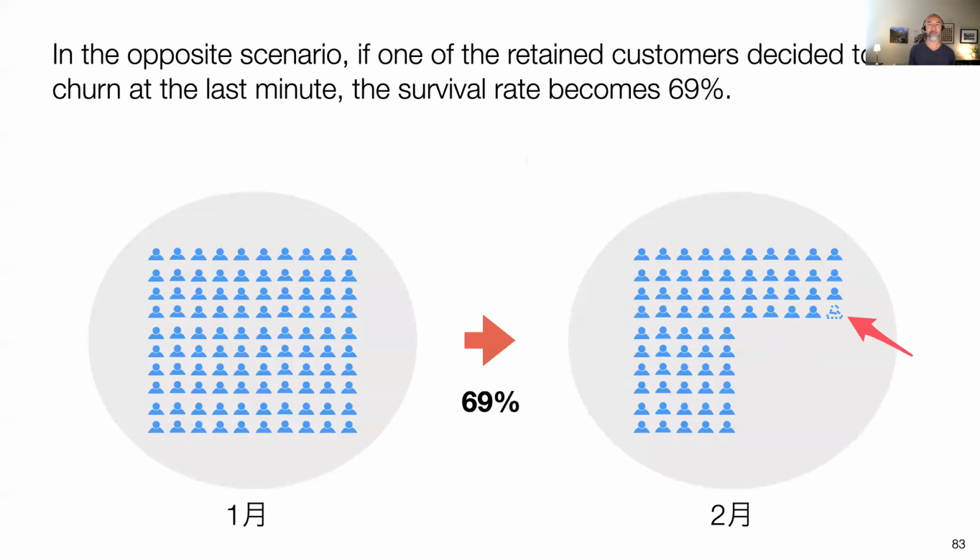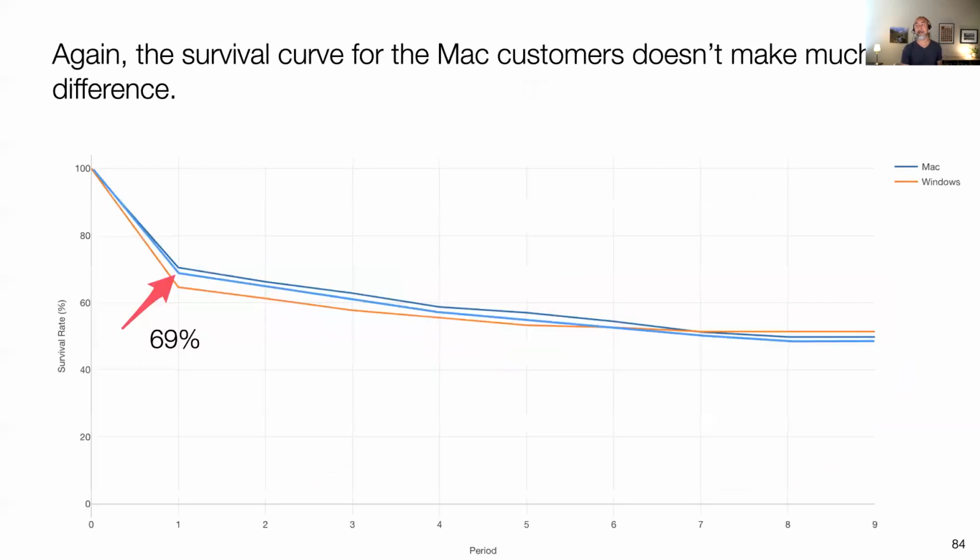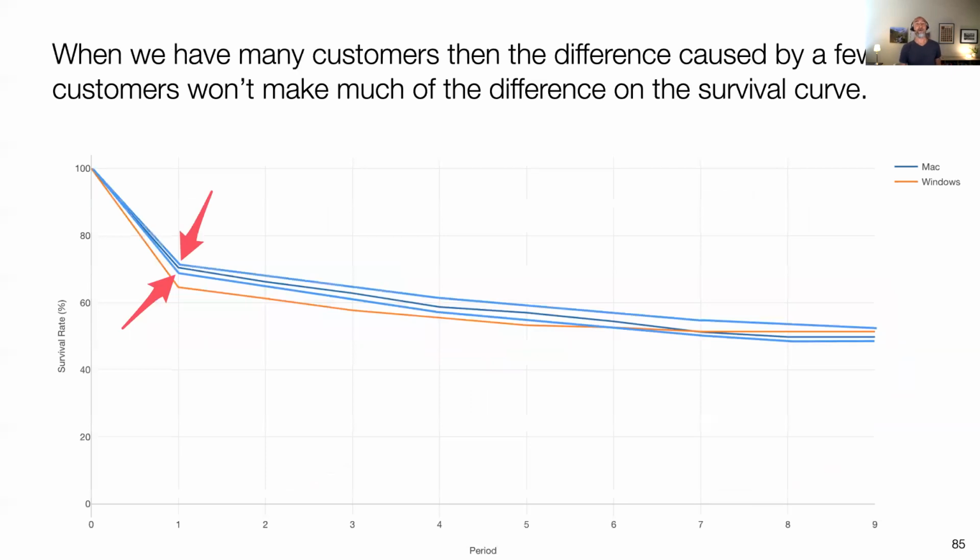Now we have to change the survival rate, but that difference is only 1%, so now we have 69%. This is the light blue color, the 69%. So in this case, whether one person decides to churn or retain makes a difference, but the difference is very small. And either way, we can still say that Mac is better than the Windows.